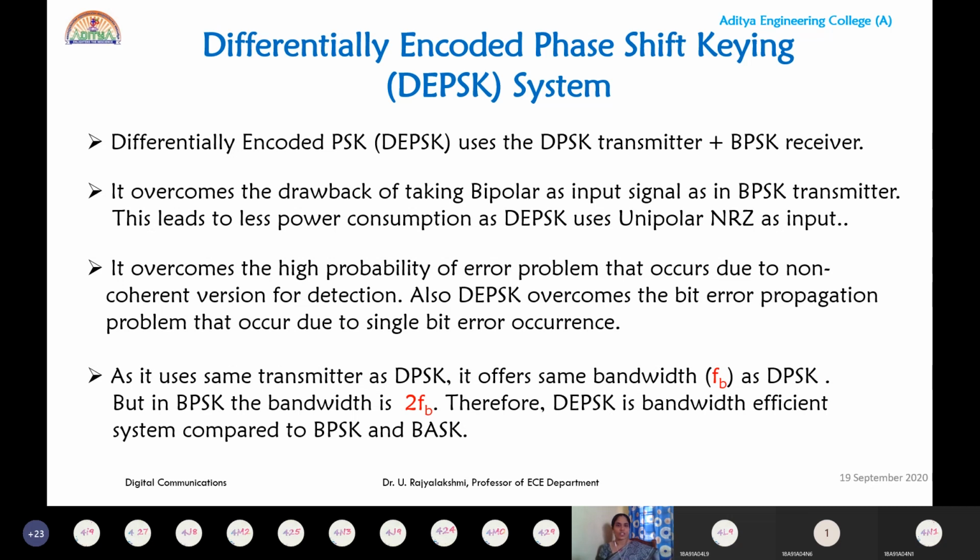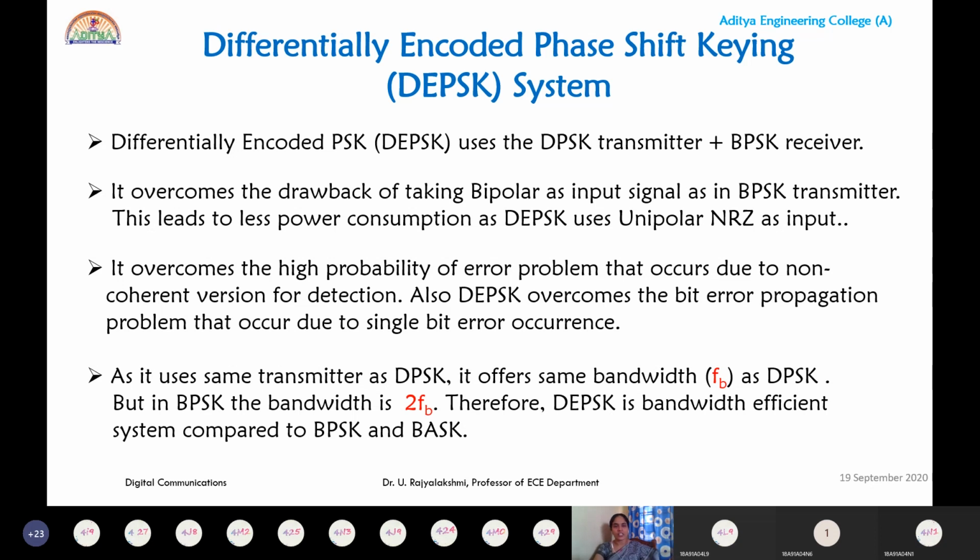So when you compare the phase of the received signal with the phase of the shifted signal, a single bit error gets propagated throughout the entire sequence. That is the main drawback of the DPSK receiver.